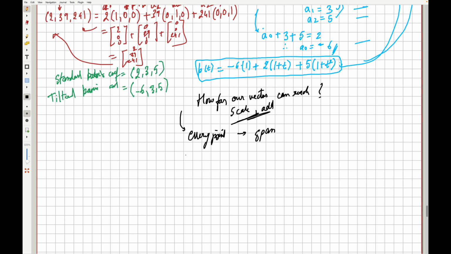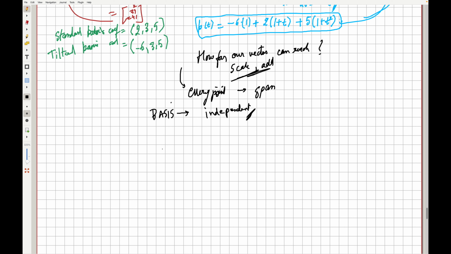The only criterion that we saw for basis vectors is that they need to be independent, and if they are independent, they can be used as basis vectors to create any vector in that particular space.